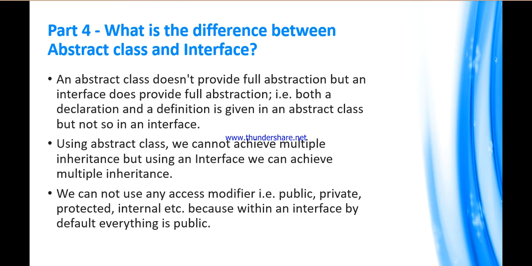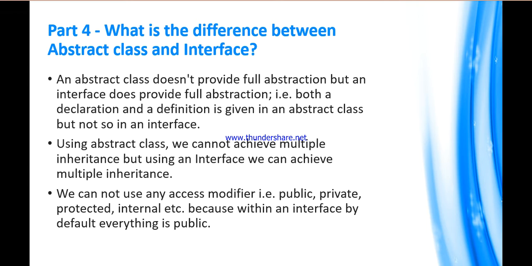Abstract methods are the ones where we hide the definition, and non-abstract methods are the ones where we have the definition as well. But in an interface we have only abstract methods, which are abstract by default. All the methods in an interface are abstract, so an interface provides full abstraction.